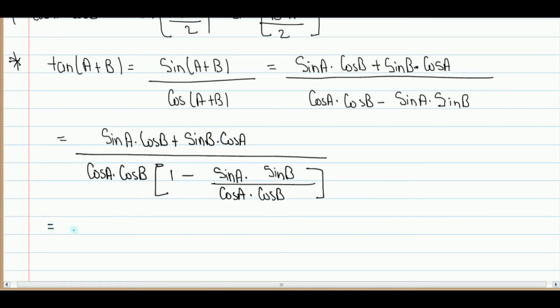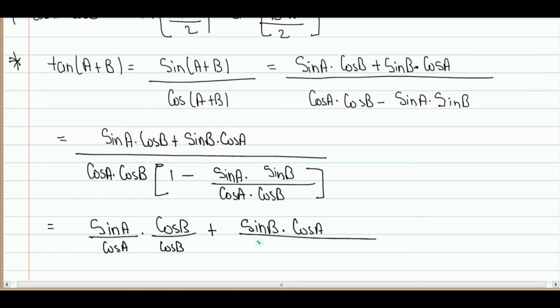So we can divide the numerator by cos A into cos B. If you divide it by cos A into cos B, the first part of the numerator will become sin A divided by cos A into cos B divided by cos B. And the second part of the numerator will become sin B into cos A divided by cos A into cos B. This is the numerator part.